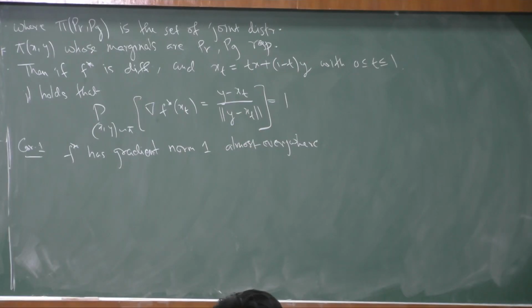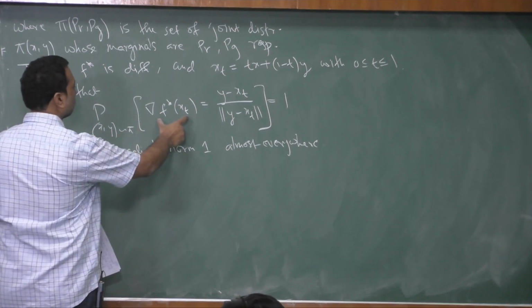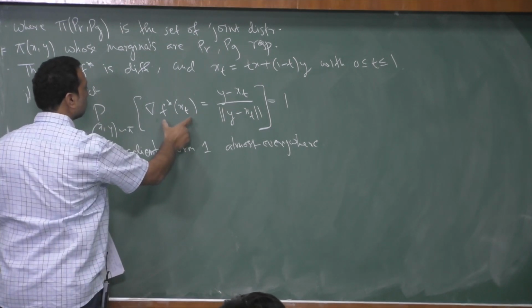The corollary follows from here, and it says that f star has gradient norm 1, because probability 1 means that this is equal to this.